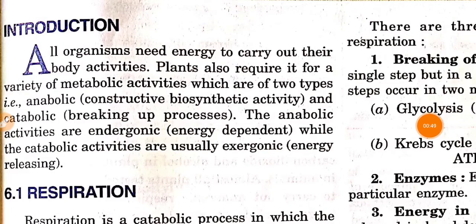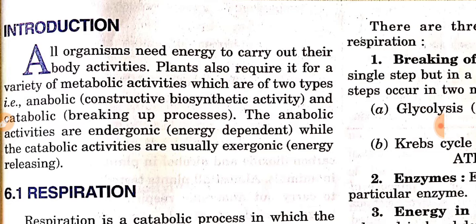As you know, all organisms need energy to carry out their body activities. Plants also require it for a variety of metabolic activities, which are of two types, anabolic and catabolic. Anabolic means synthesis, so constructive, food biosynthetic activity, and cata means destruction, in which breaking up processes occur.